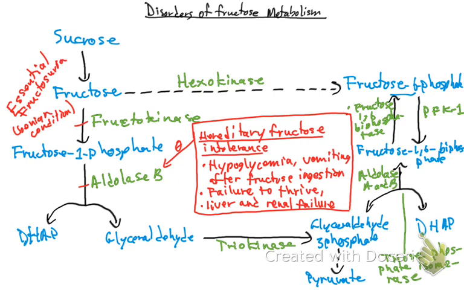Now you have your fructose 6-phosphate. This fructose 6-phosphate also came from what? From the fructose using hexokinase. And now this fructose 6-phosphate can go to glucose 6-phosphate, and the point is that it can go forth and back.